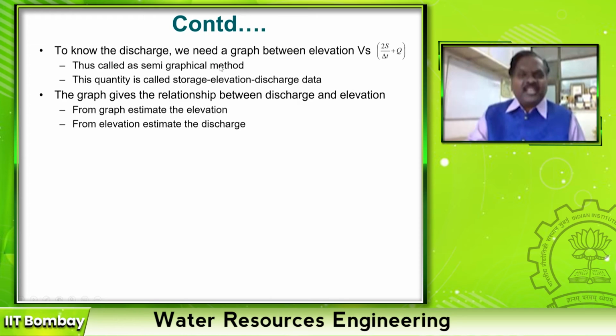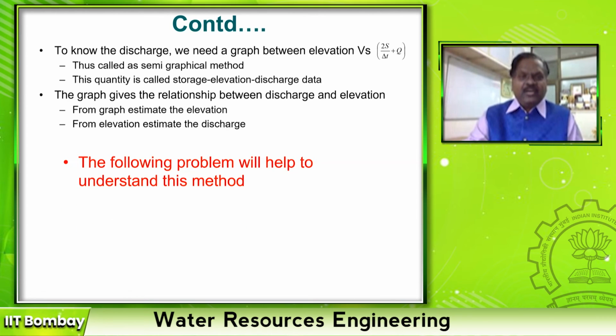To know the discharge, we need a graph between elevation versus the storage. That's why this method is called the semi-graphical method, and this graph is called the storage elevation discharge data. It is not the area elevation storage curve. This is storage elevation discharge data. So from this graph we do the flood routing, right?